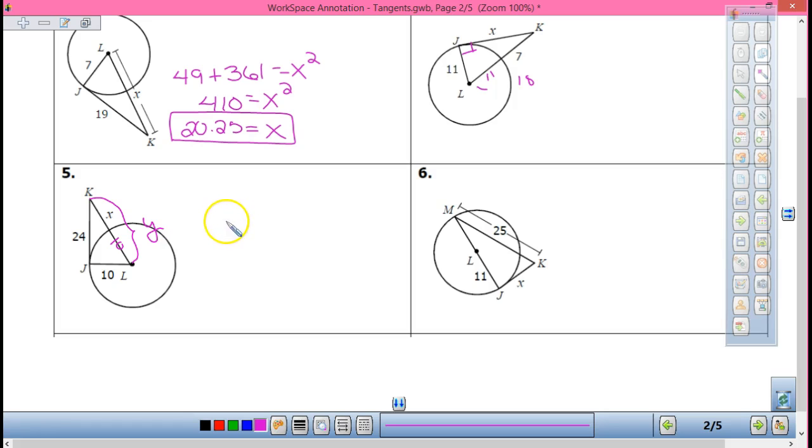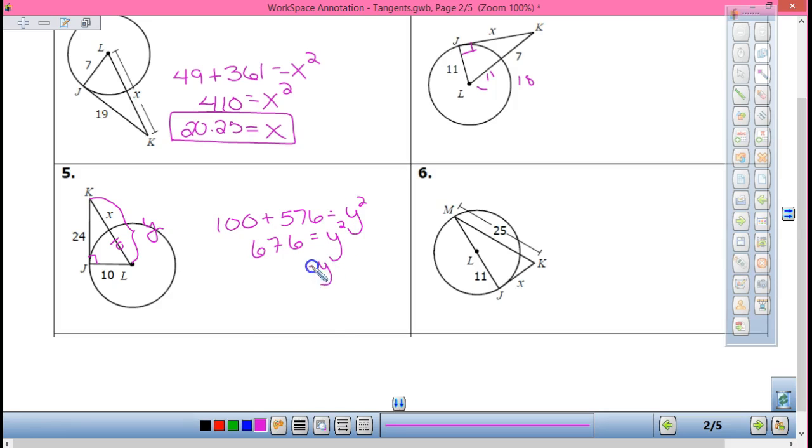Okay, so how am I going to set this up? 100 plus 576 equals y squared. Okay, so 676 equals y squared.